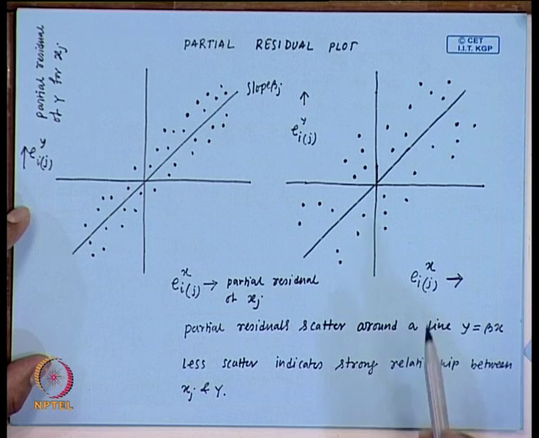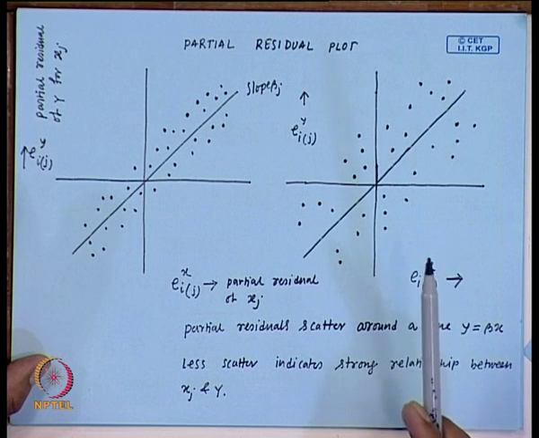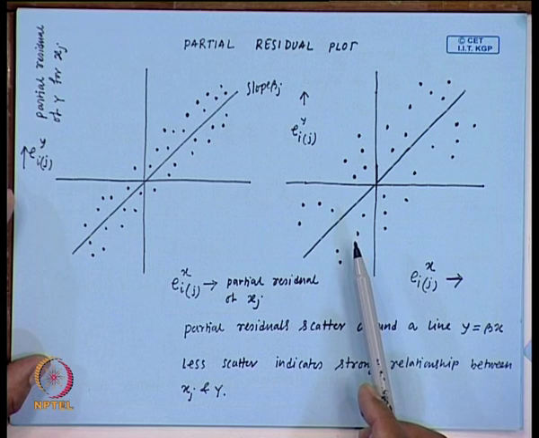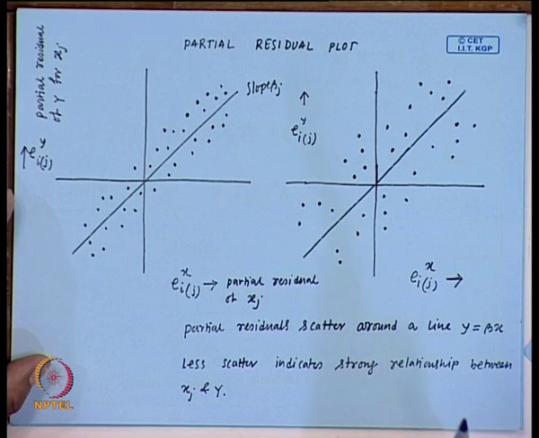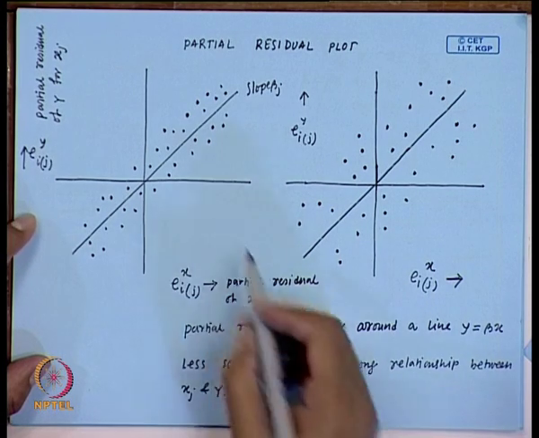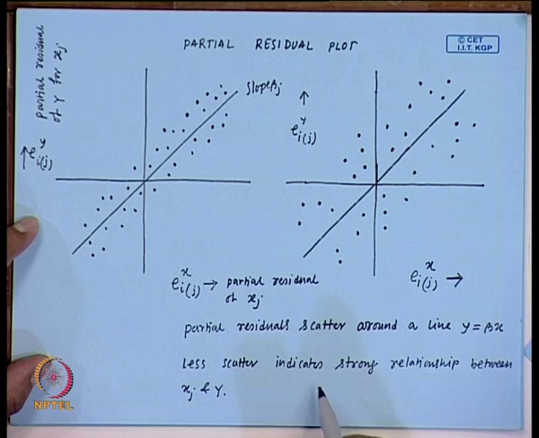If this is the pattern obtained for your example, then you can conclude that there is a strong linear relationship, and the less scattered, the stronger the linear relationship between x_j and y.